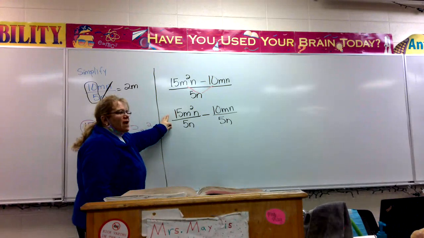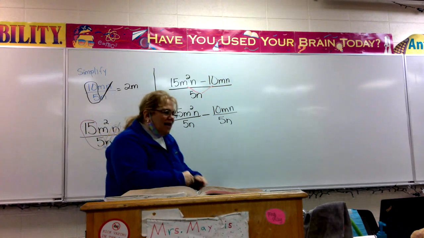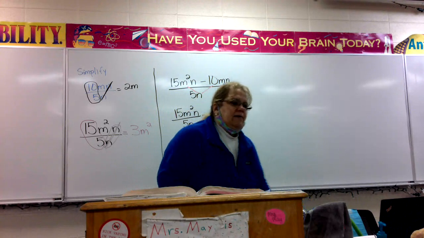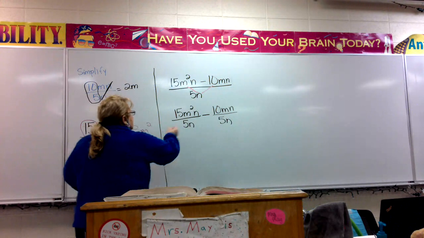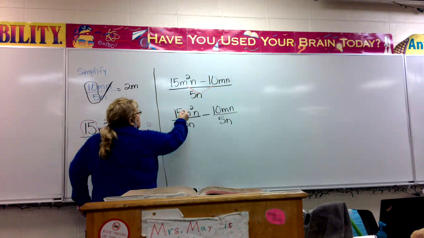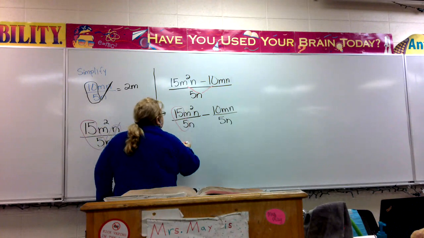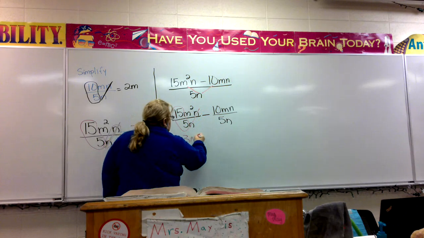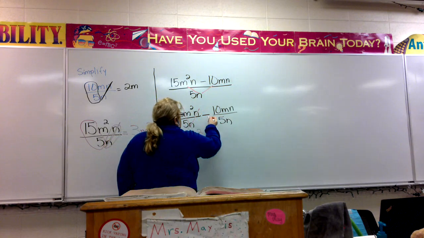And once you write this step, now it's just like the problems from yesterday. We just did it over here. What's 15 over 5? And we said the n's cancel, so I have 3m squared.